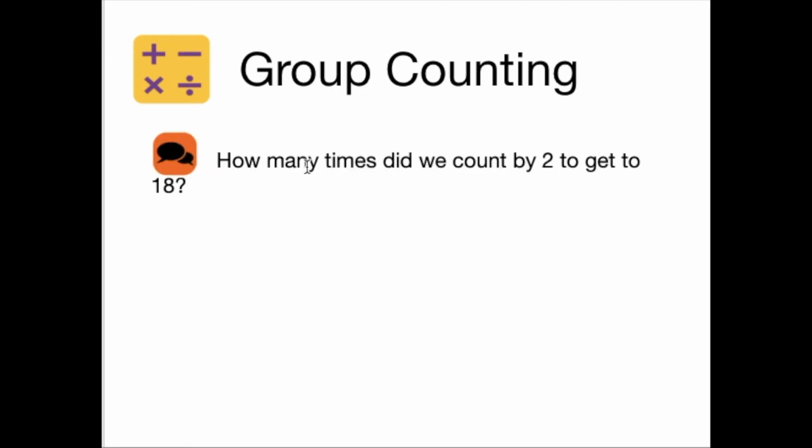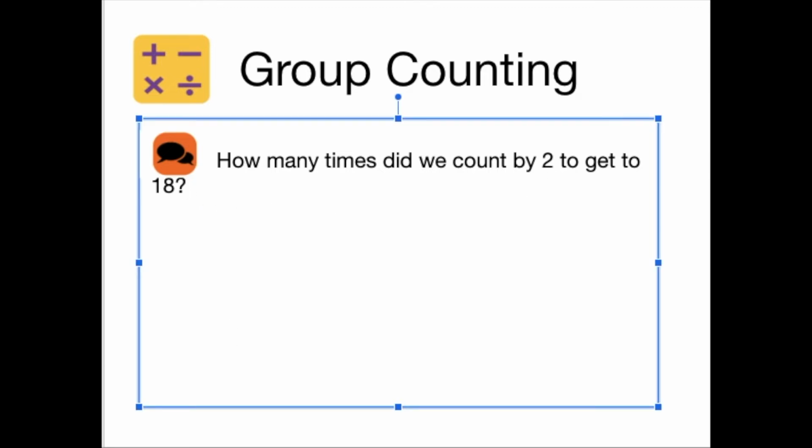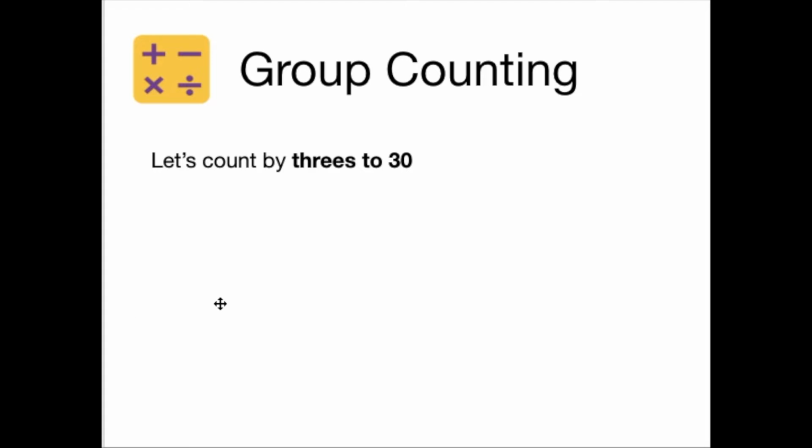We counted 9 times by 2 to get to 18. Now let's count by 3s to 30. Ready? 3, 6, 9, 12, 15, 18, 21, 24, 27, 30.